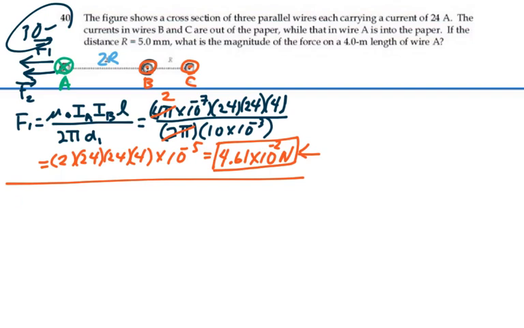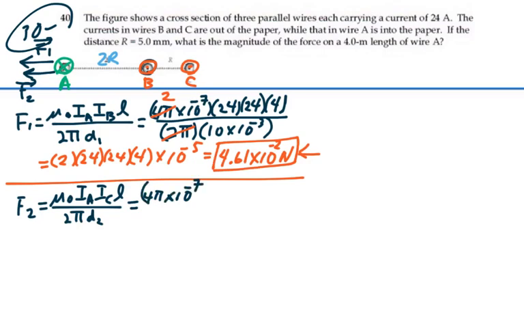For the other force, F2, we have mu naught times the current in A times the current in C times the length of wire over 2 pi. We're going to have a different distance, D2. Mu naught is 4 pi times 10 to the minus 7. And then we have 24 amps, 24 amps.